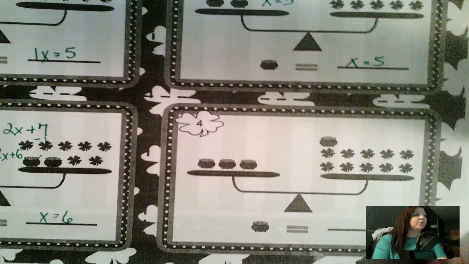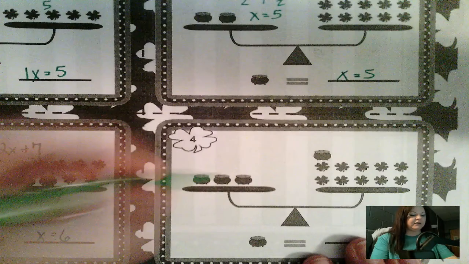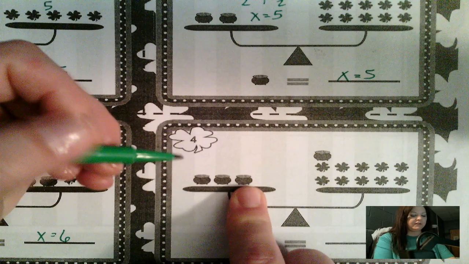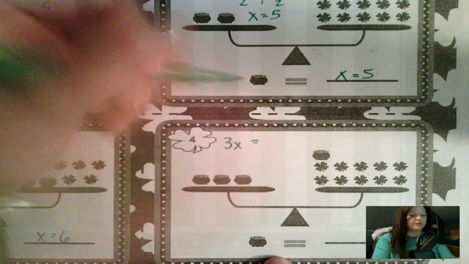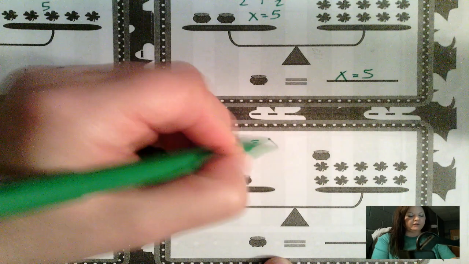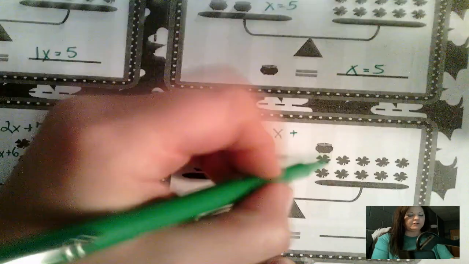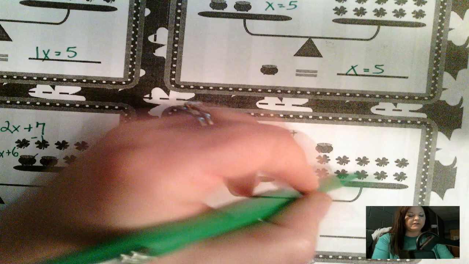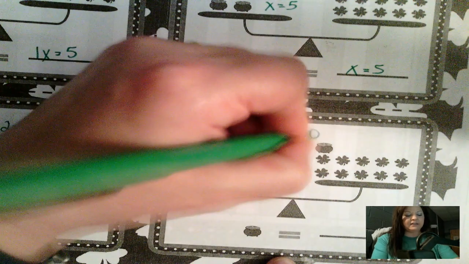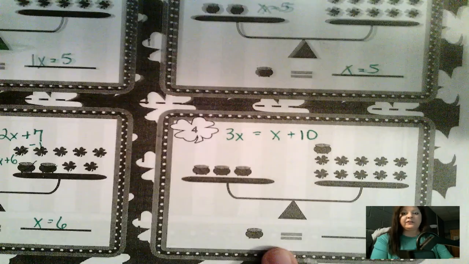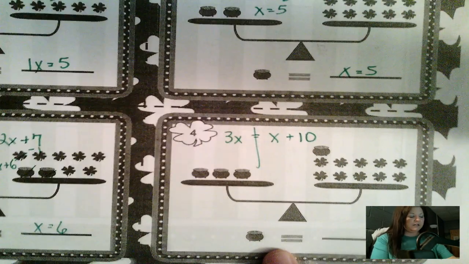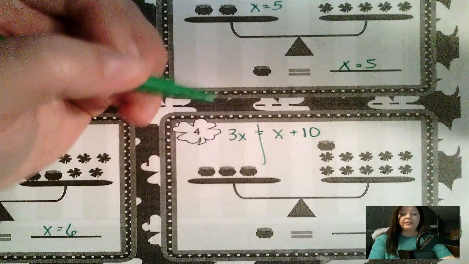Clover card number 4, it looks like we have 3 pots of gold. So 3x is equal to 1 pot of gold, so x plus how many clovers? 1, 2, 3, 4, 5, 6, 7, 8, 9, 10. So plus 10 clovers. All right, so we don't have any clovers to take away, so what we can do is take away the pots of gold.